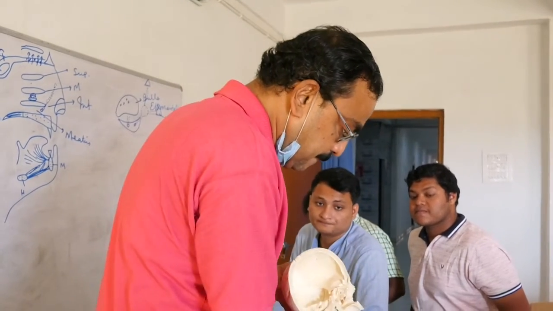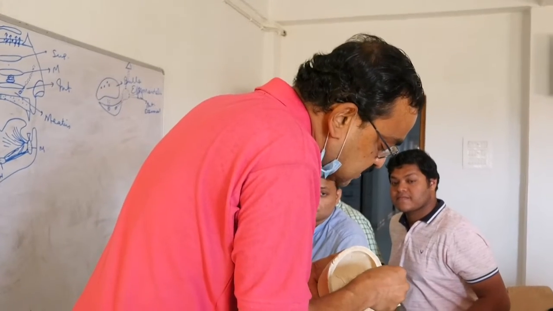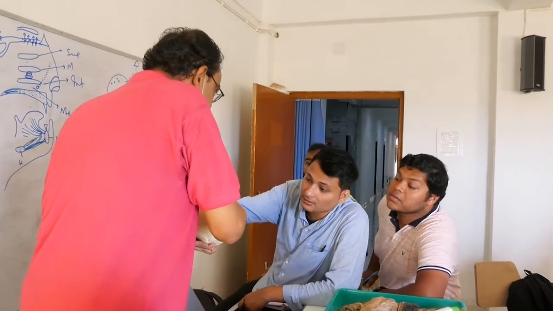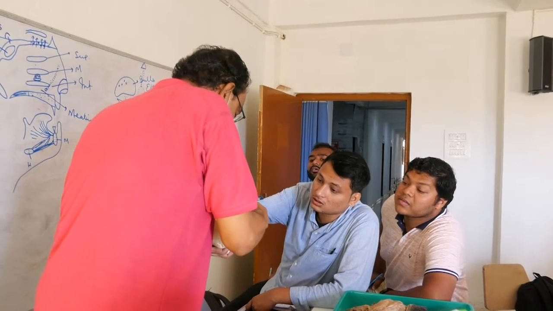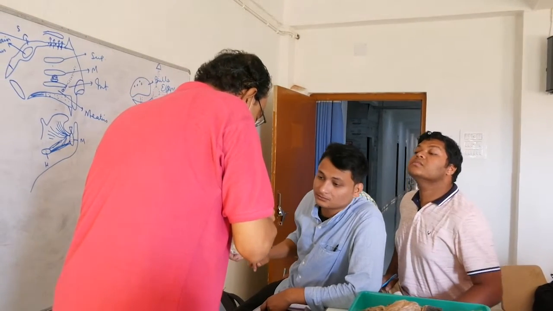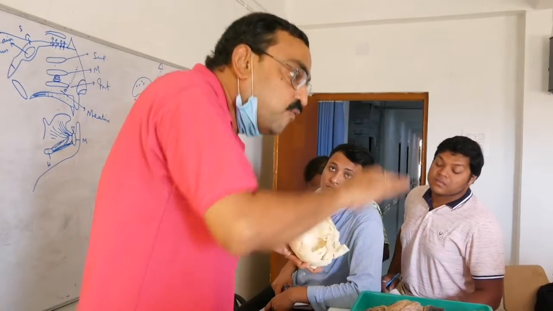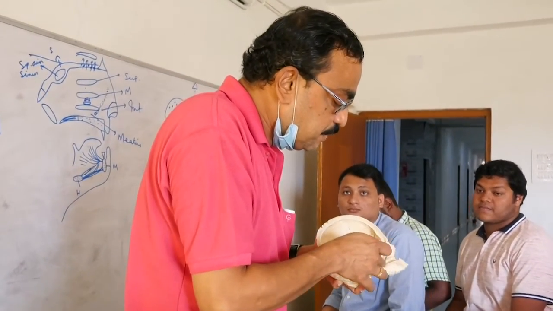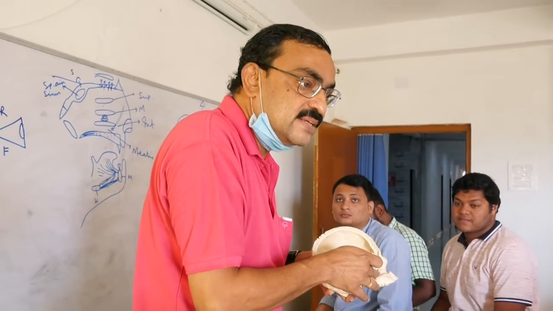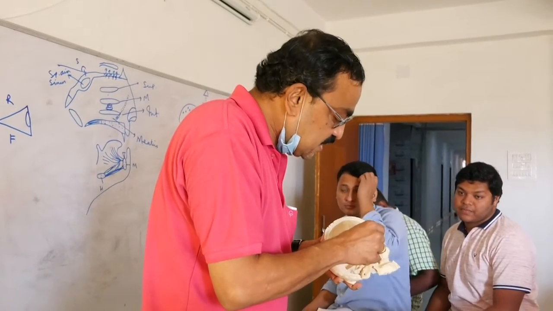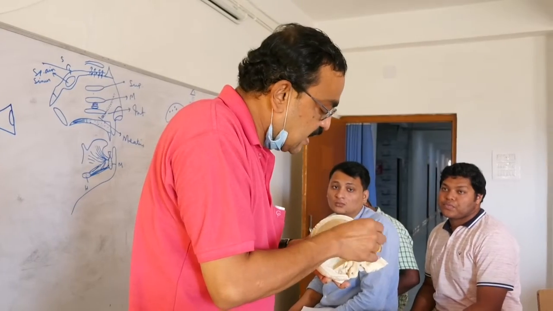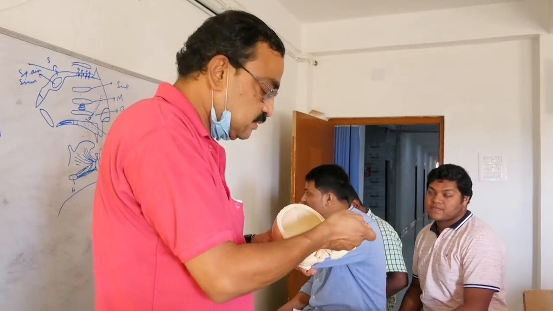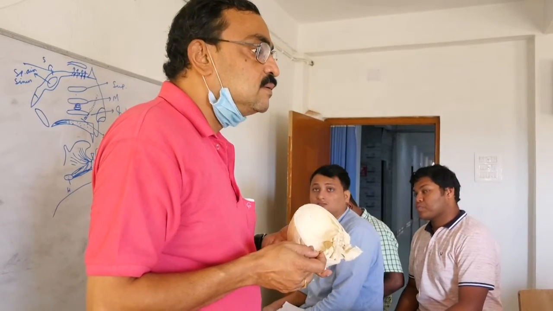So inside we will get the floor. The floor is deep seated, around 1.25 centimeters below the floor of the nasal cavity.